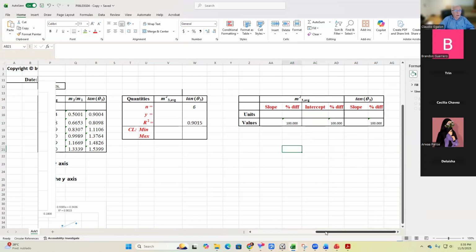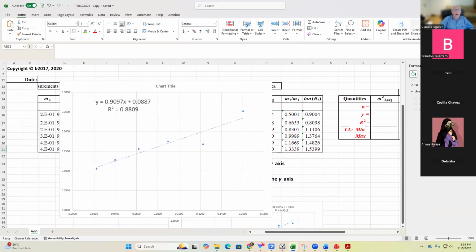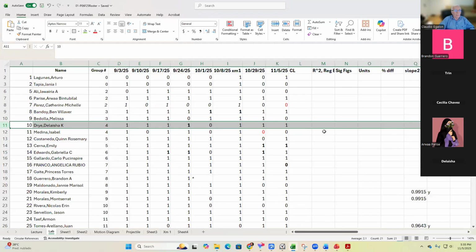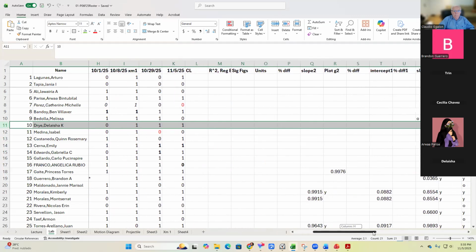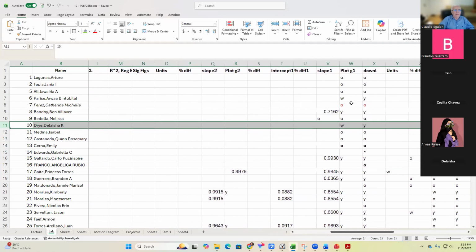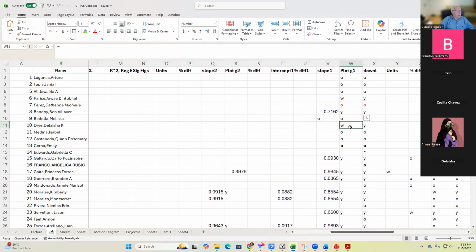Let's see, someone else. So Delisha managed to plot. Did you plot the second graph too, Delisha? Yeah, I believe I did.